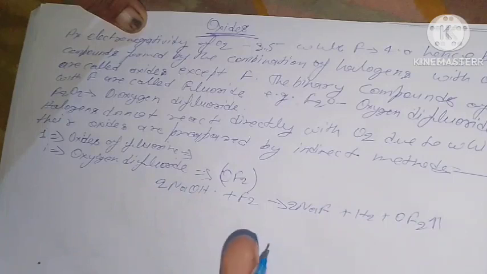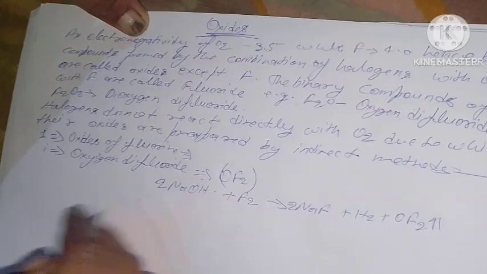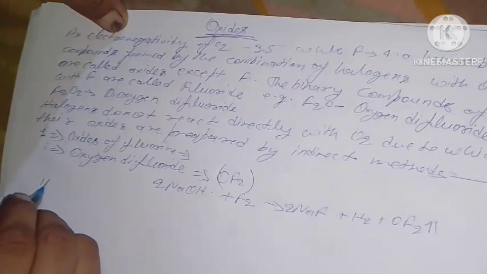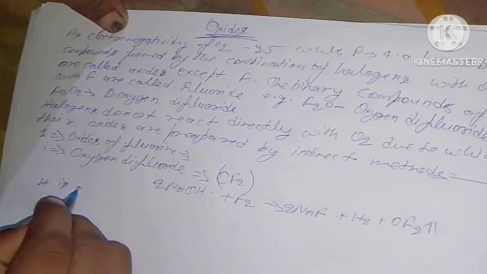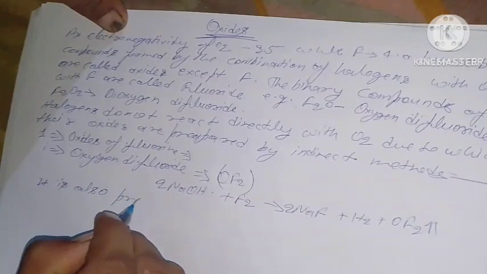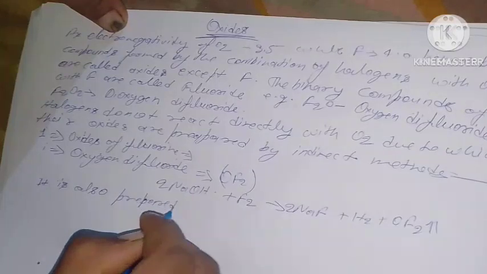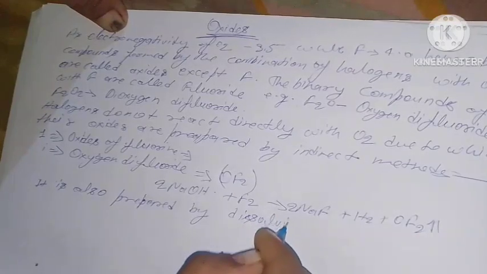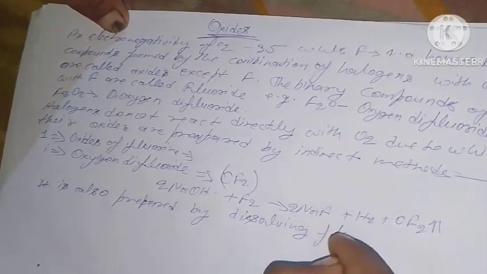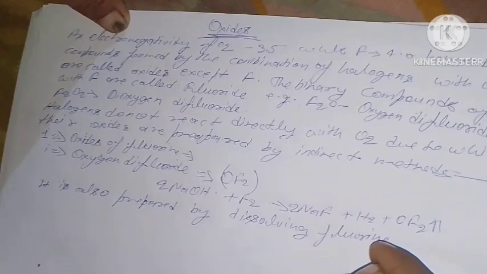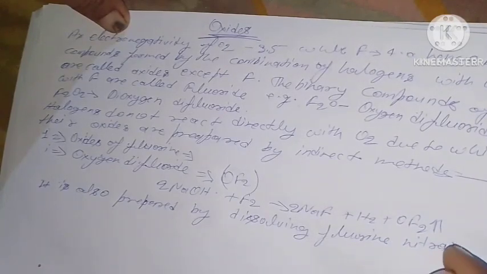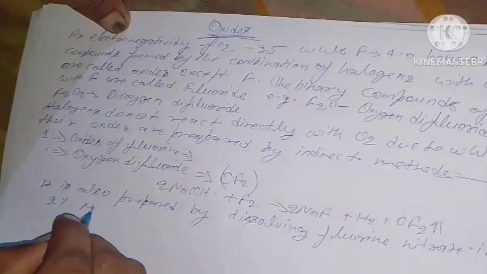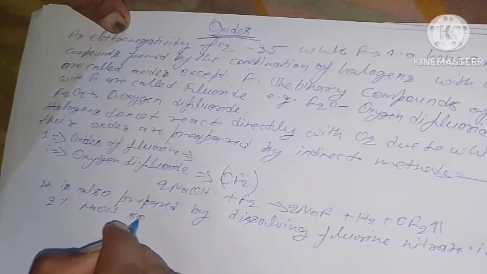Oxygen difluoride is also prepared by dissolving fluorine nitrate in 2% sodium hydroxide solution.